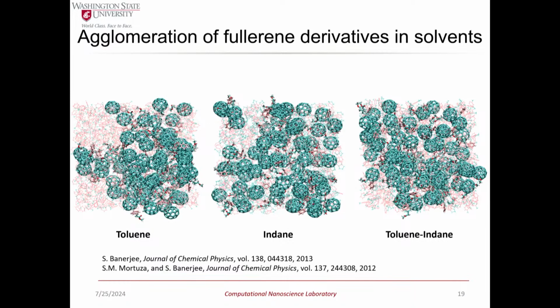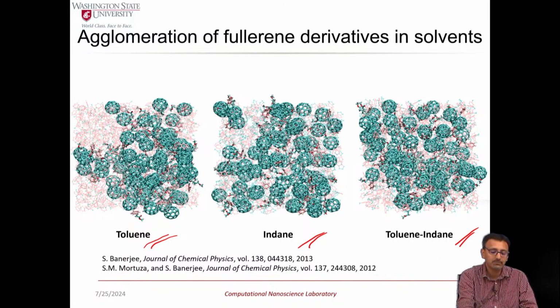But one of the things that I mentioned is this: in the stock solution, we looked at different concentrations, and agglomeration of these particles in the stock solution is a big deal. We've done some work looking at just the molecular dynamics level, different solvents, toluene, indene, and mixtures of solvents. What we have noticed is you can tune it quite a bit because it depends on how polar your solvent is, and if it's an aromatic solvent as well, for example toluene or indene, so it has an aromatic ring.